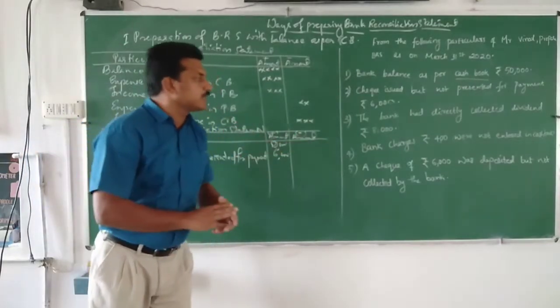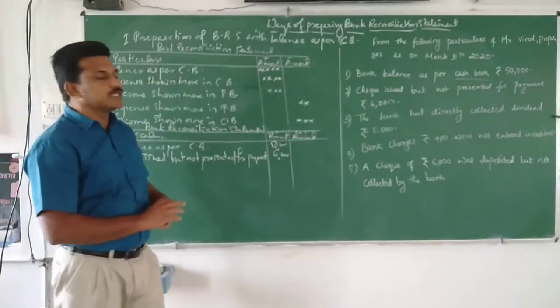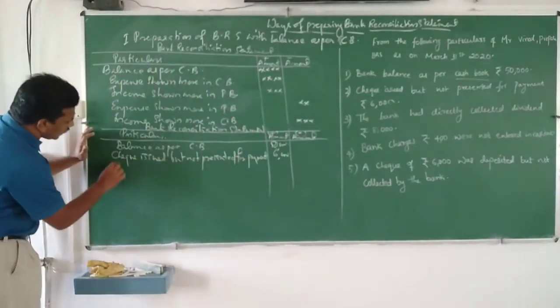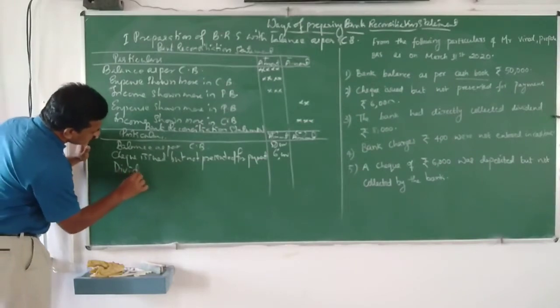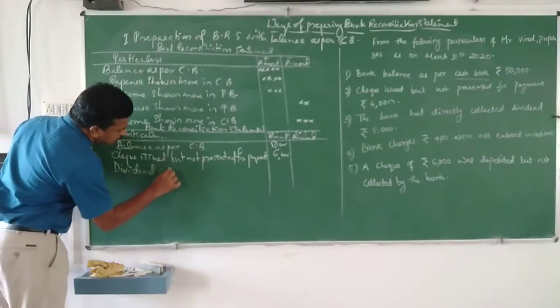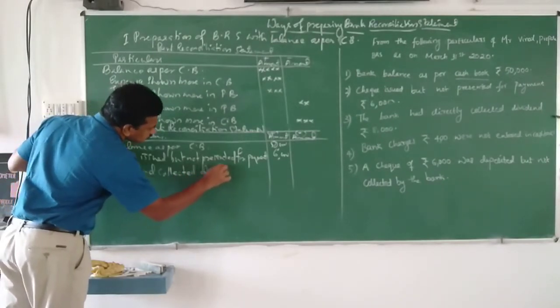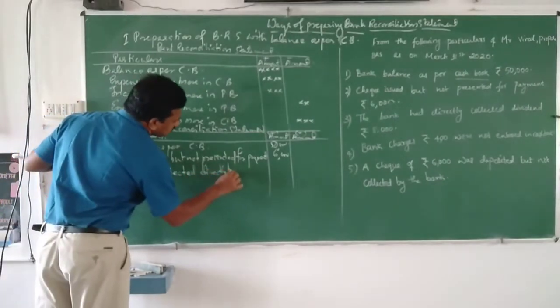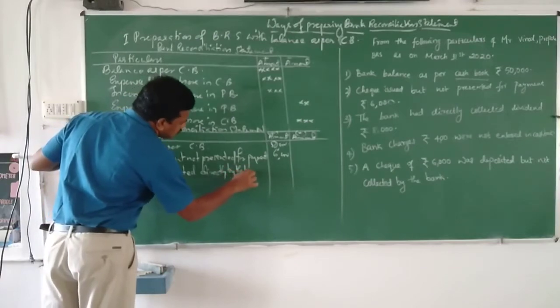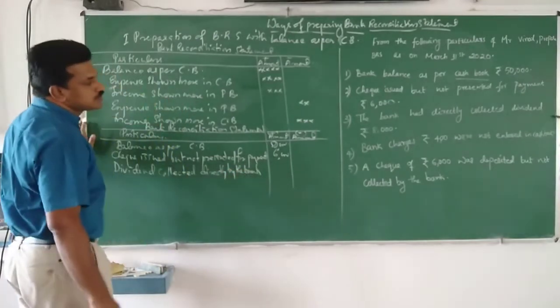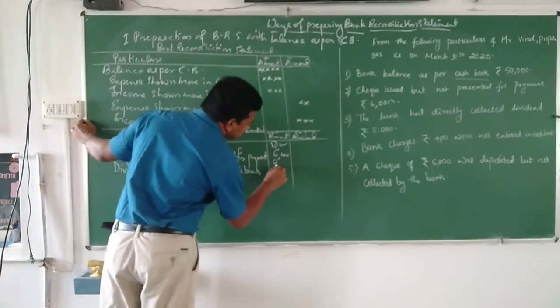Dividend directly collected by the bank. How much? 8,000.